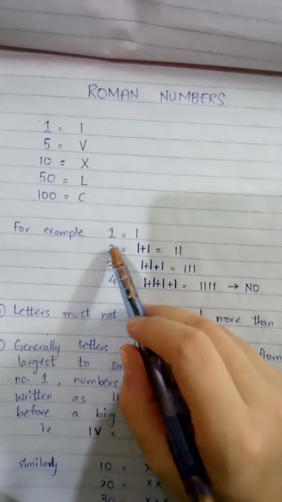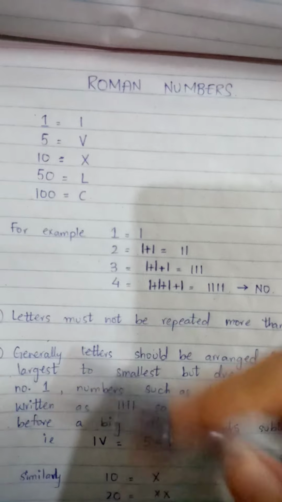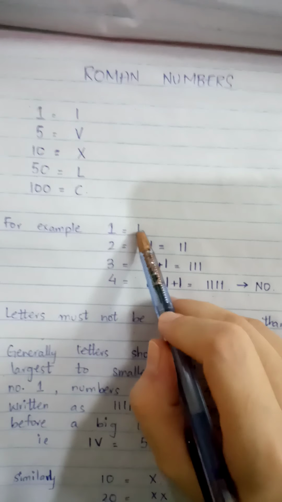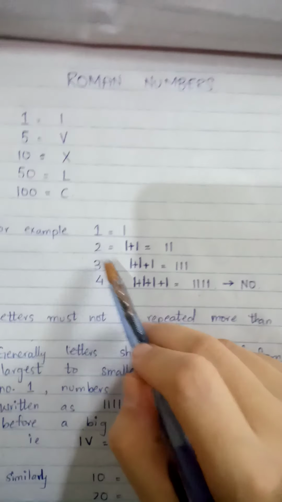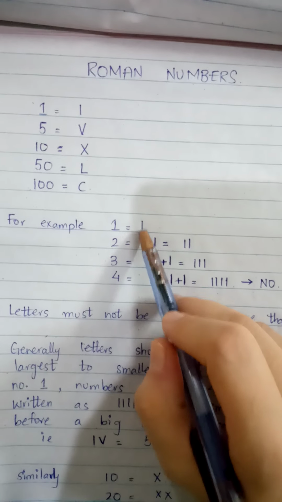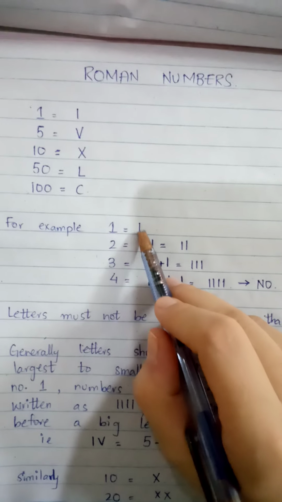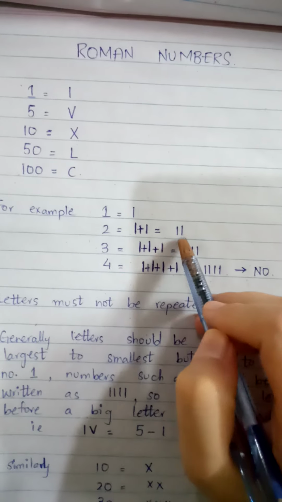For example, if I want to write 1 in the form of Roman numbers, I will simply write it as this capital I. If I want to write 2, this capital I along with another capital I makes 2.